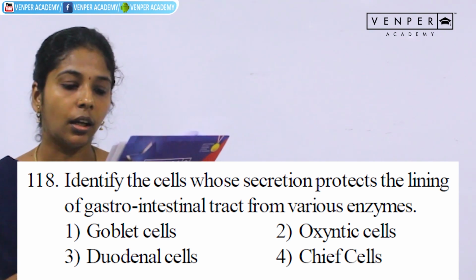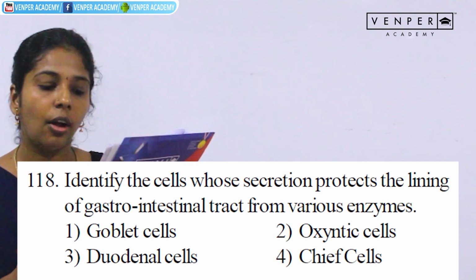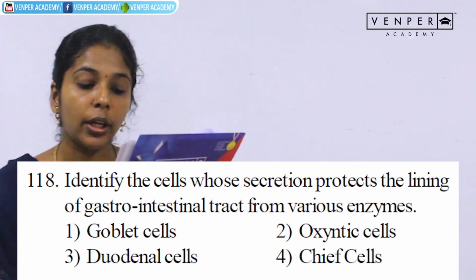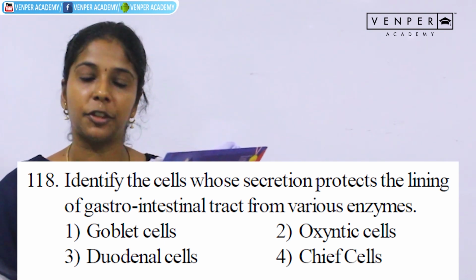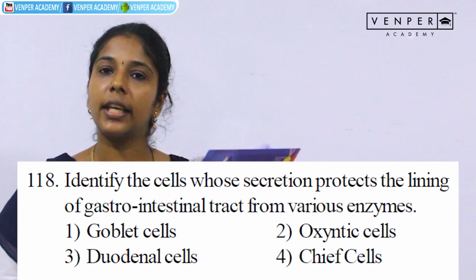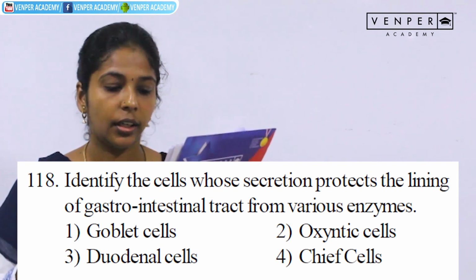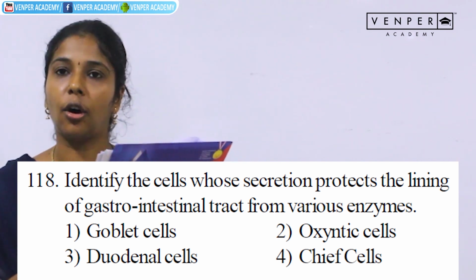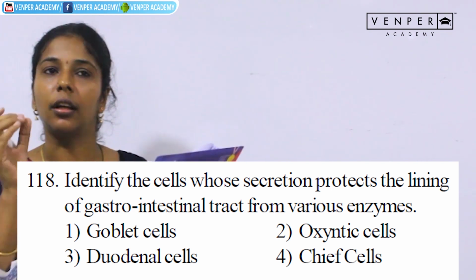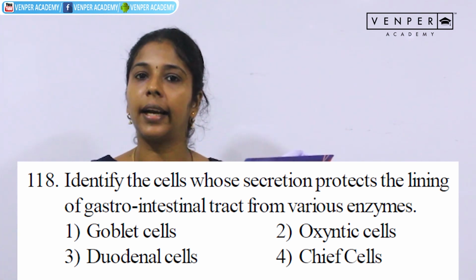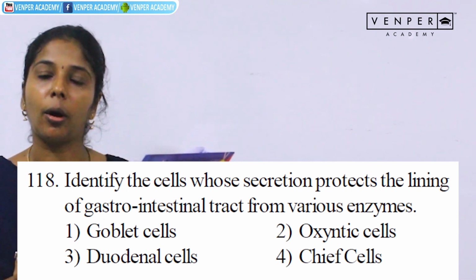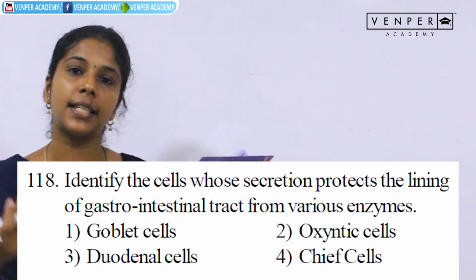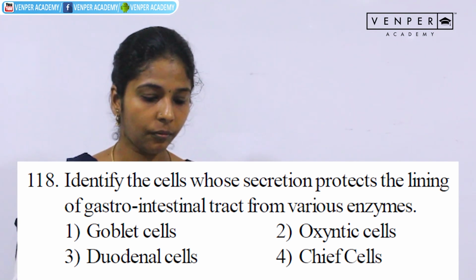The options are option 1 goblet cells, option 2 oxyntic cells, option 3 duodenal cells, option 4 chief cells. Oxyntic cell secretes hydrochloric acid, chief cell secretes pepsinogen, and the duodenal cell secretes other hormones. So the option is option number 1. The correct option is goblet cells, which secrete mucus, and this mucus protects the gastrointestinal tract.